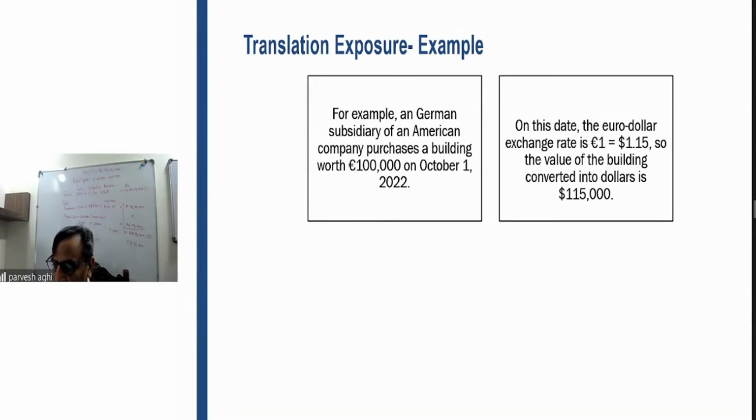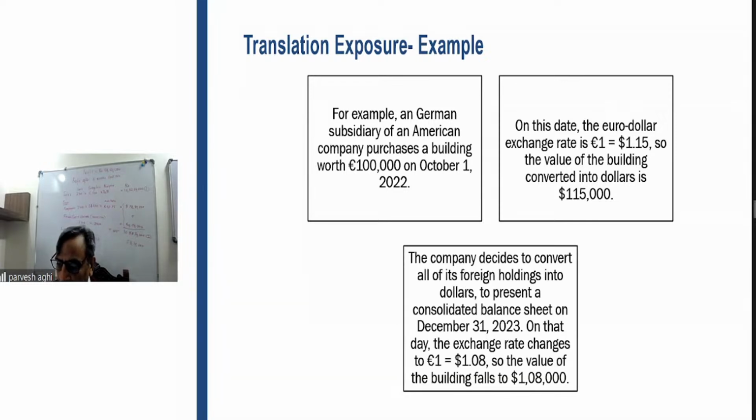So the value of the building converted into dollars was $1,15,000. So for the American company, the cost was $1,15,000 because €1 was equal to $1.15.